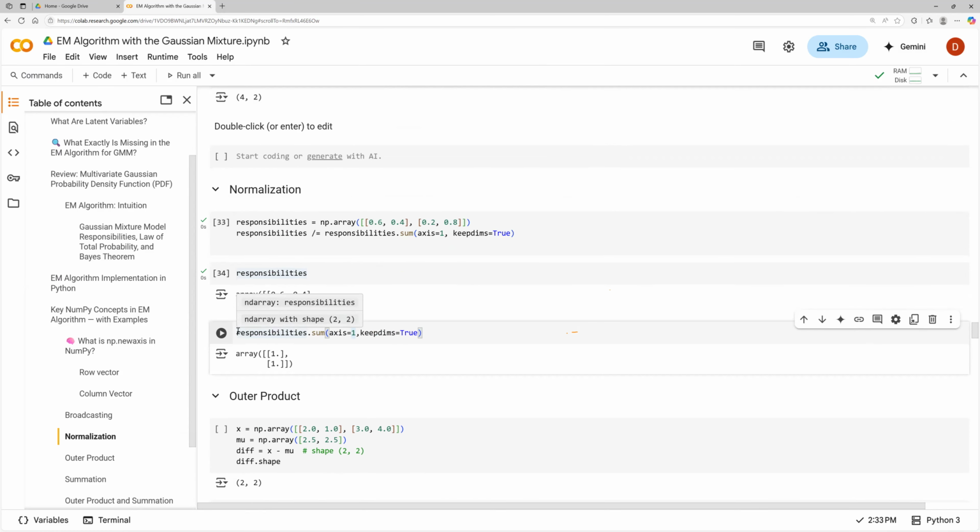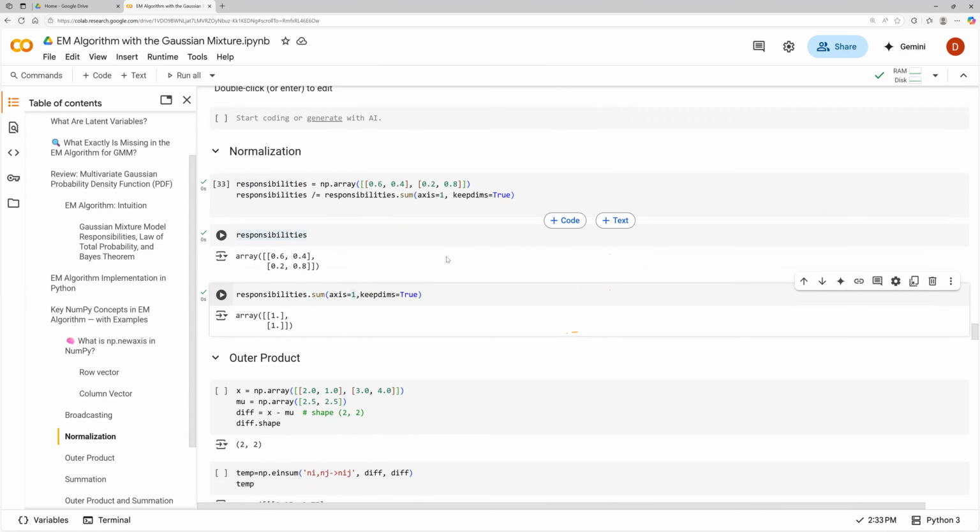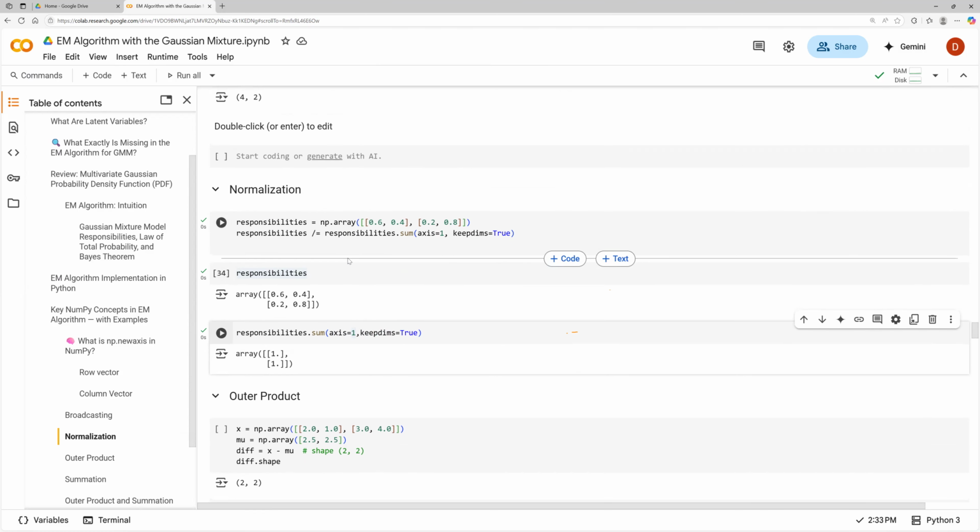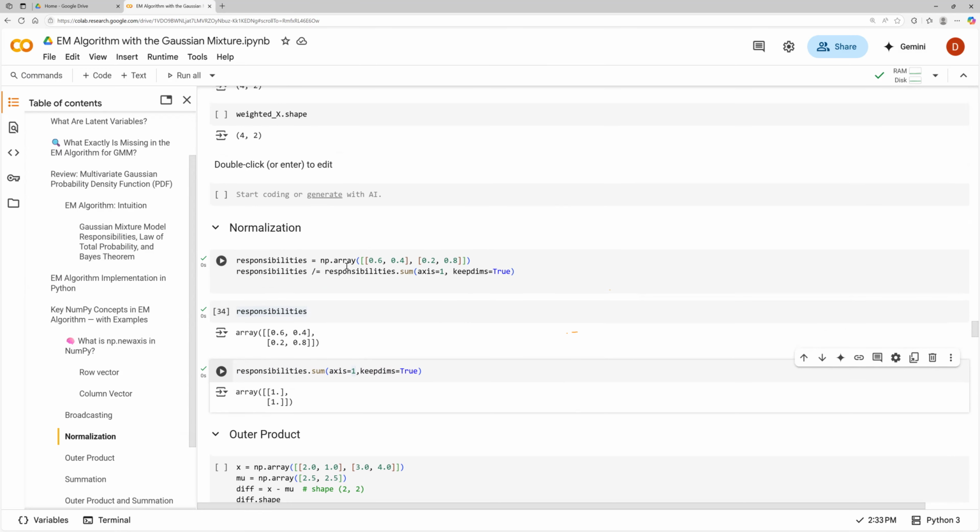Why is that? Because they equal 1. 0.6 plus 0.4, 0.2 plus 0.8. Okay, so it doesn't happen in our code above, but it happens here.